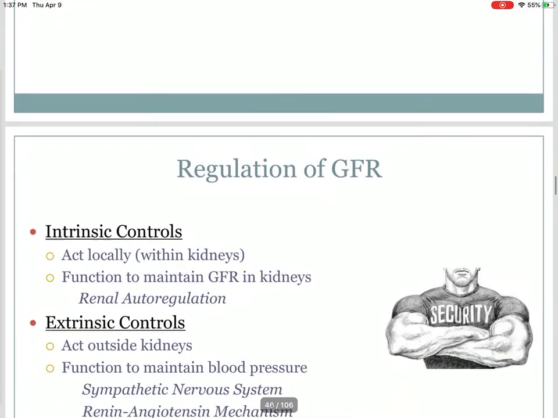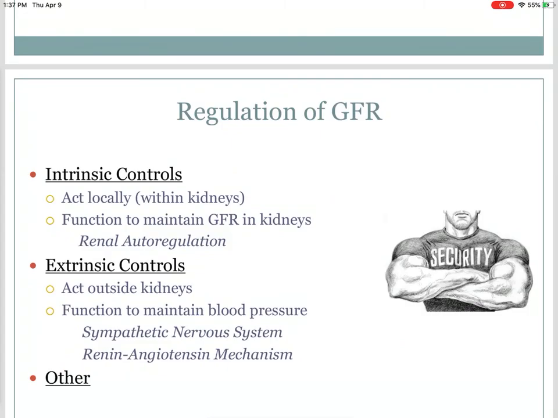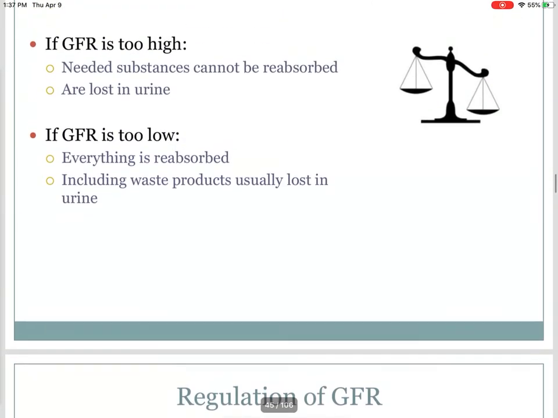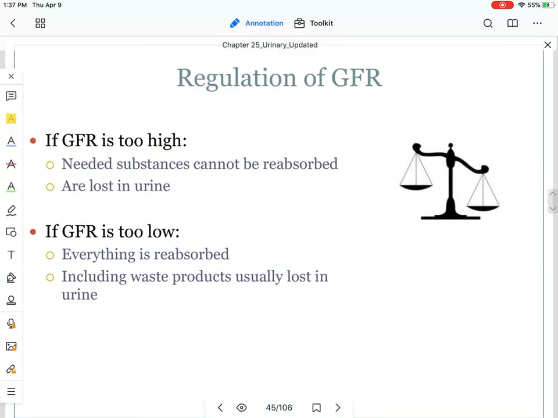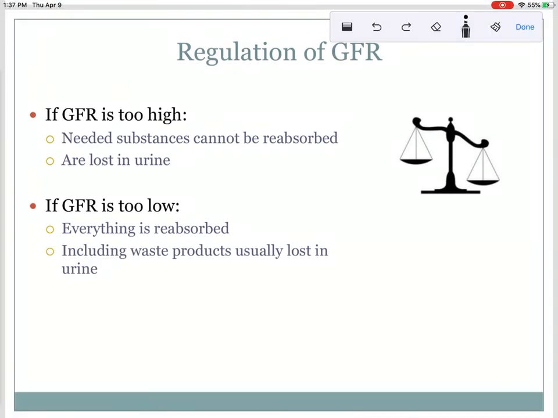We're going to talk in a minute about the more specific GFR regulators, but first, I want to make a more global point. If we just think globally, and don't overthink this, please. If glomerular filtration rate is too high, things are moving through the tubules really quickly.